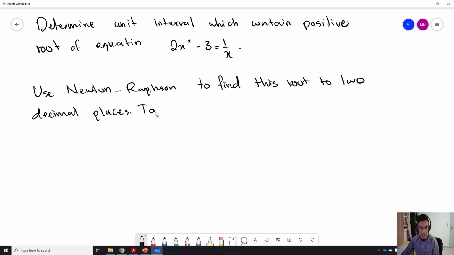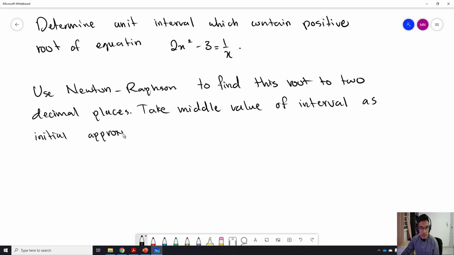Take the middle value of the interval as the initial approximation. First we need to find the interval for the root of the equation 2x squared minus 3 equals 1 over x.